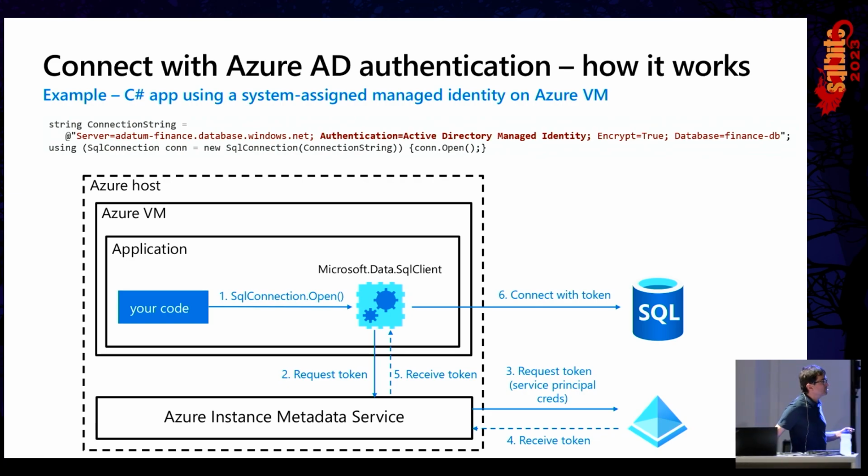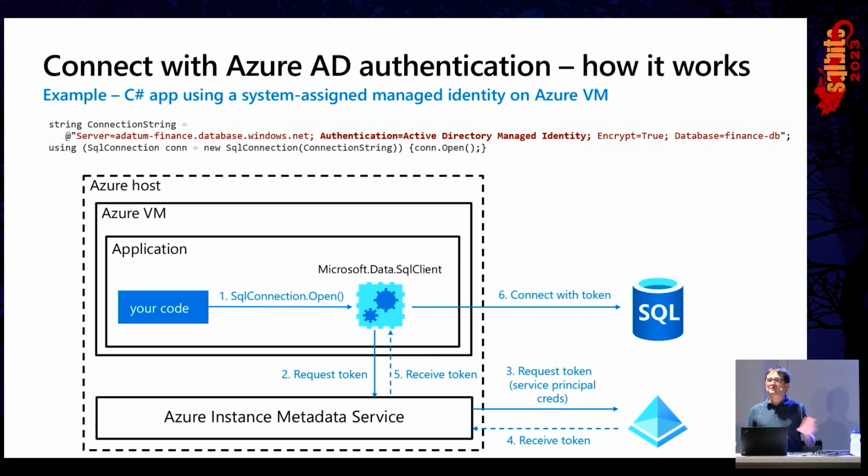So what happens if the client calls open a connection, and here's the connection string in which I said I want to use managed identity? The client driver will silently talk to something called the Azure Instance Metadata Service. It's a runtime running in the host OS, on the machine that hosts the VM, right? And this runtime hides all the complexity. Under the covers, it manages credentials for the managed identity.